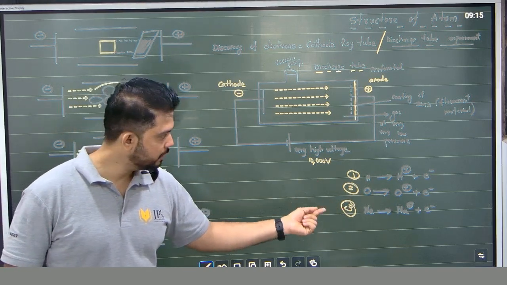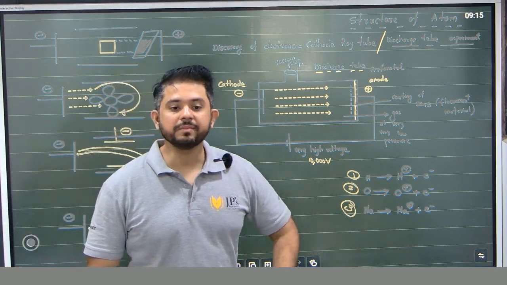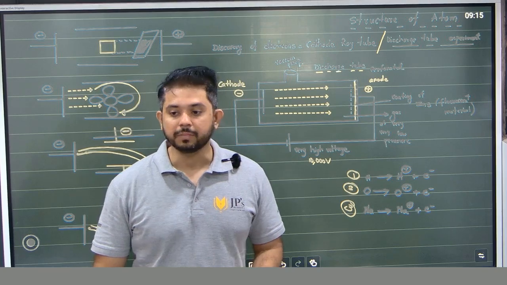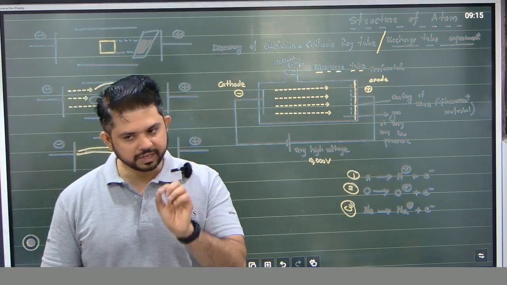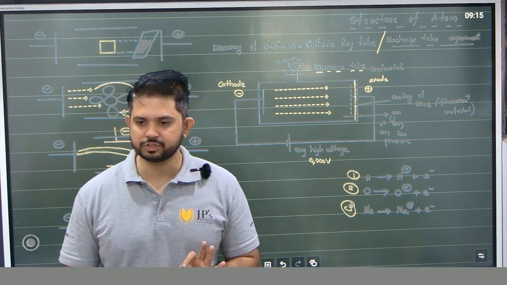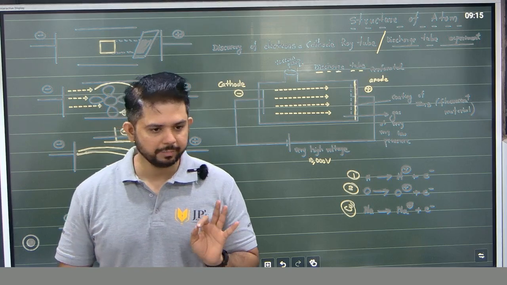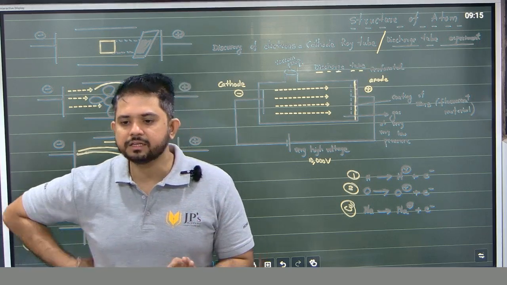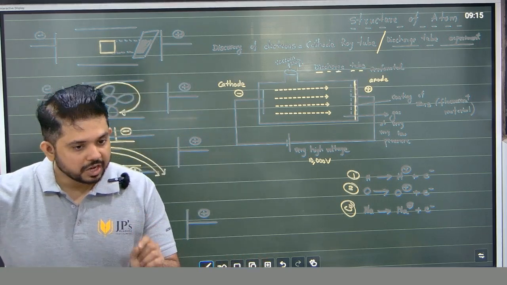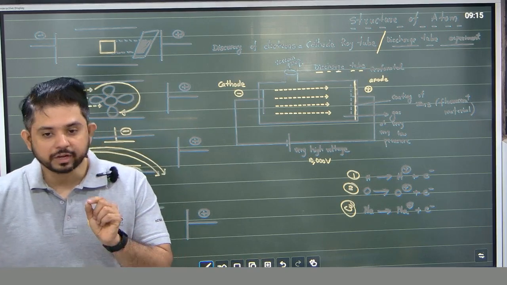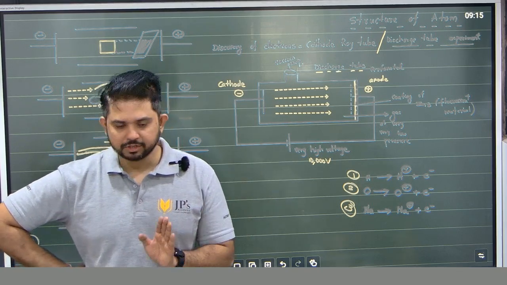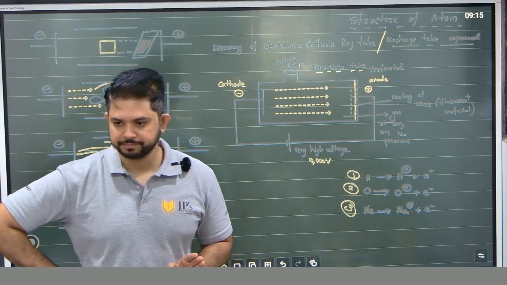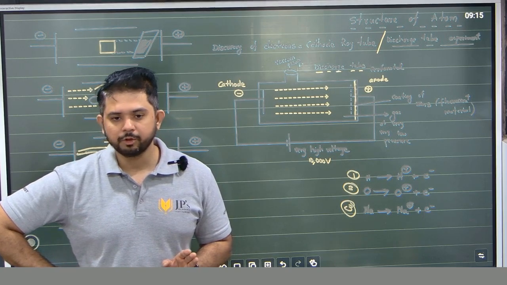You change it to sodium, the value remains the same. Hence, irrespective of the gas inside the discharge tube, the charge to mass ratio for cathode rays will remain the same. They ask this in assertion or statement questions. Did you people get that?